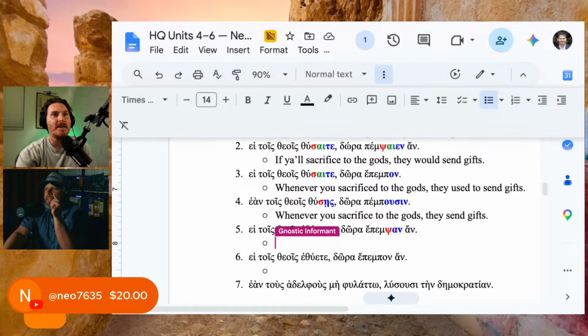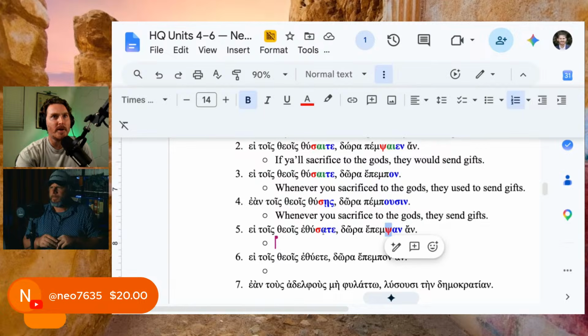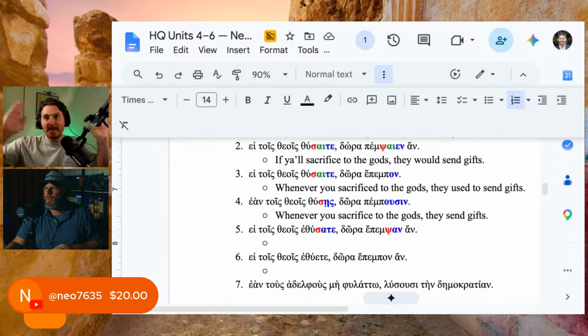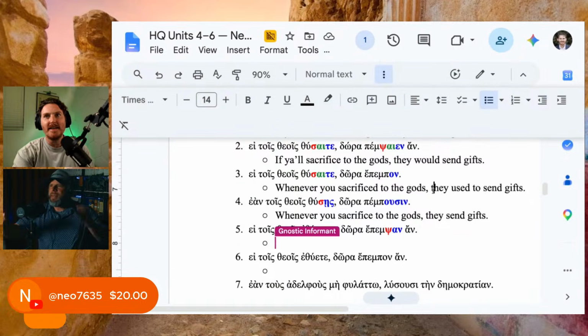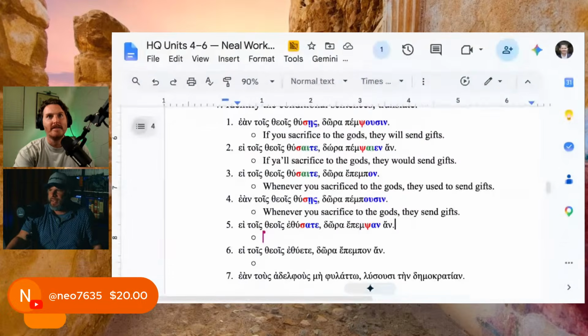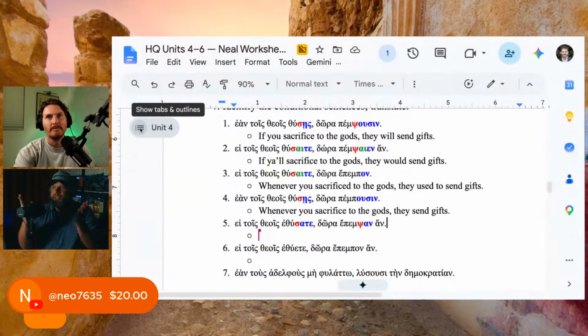Yeah, but the key here is that you see this red on both sides of the equation. There's aorist, like you get if aorist, then aorist. So that means it's counterfactual. There's ways you can tell what it is before you even translate anything. I'm already halfway there just by seeing this.